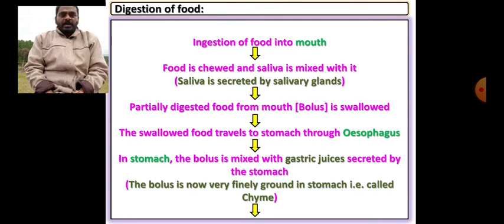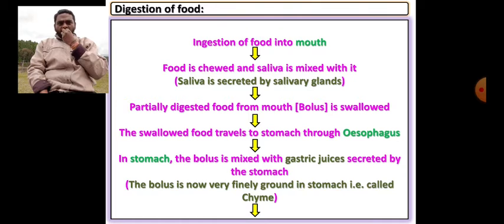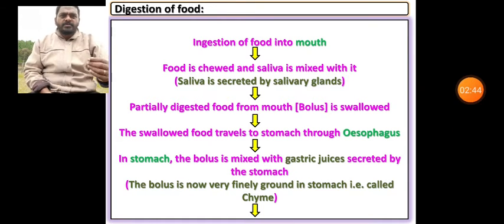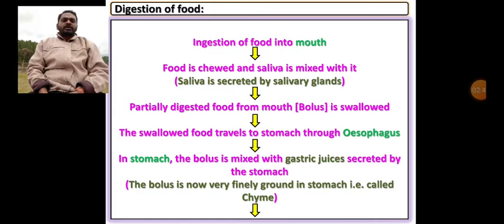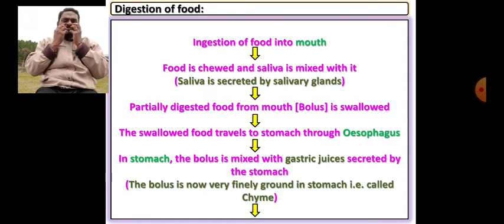Now, how does the digestion of food take place in us human beings? First, we ingest food into our mouth, and the food gets chewed, and when we chew the food, the saliva secreted by the salivary glands mixes with it. When food is mixed with the saliva, partial digestion of food takes place.